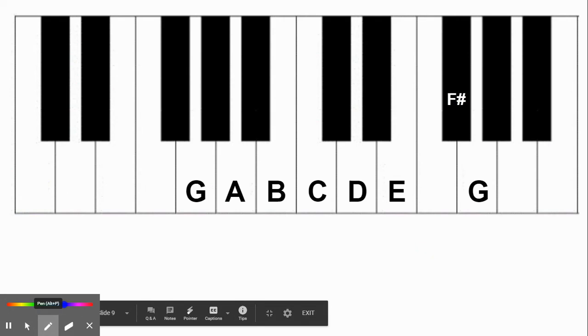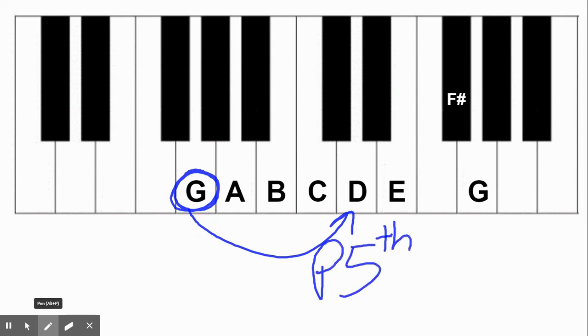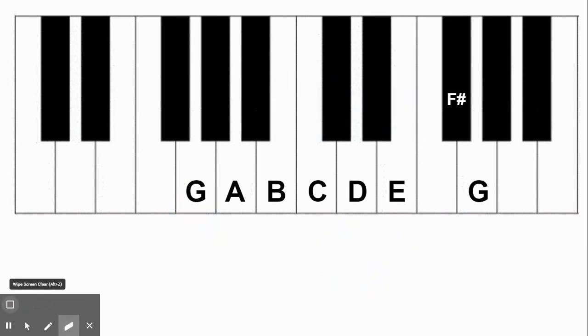If I start with a G scale, G is now my root because that's the first note of the scale. What is a perfect fifth up from G? It's a D. How do I know these are perfect? They are perfect if they fall within the scale. If I had a D flat or a D sharp, it would no longer be perfect. So we don't need to worry about that.